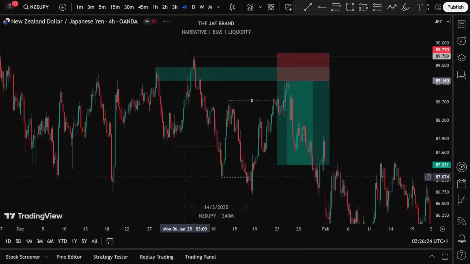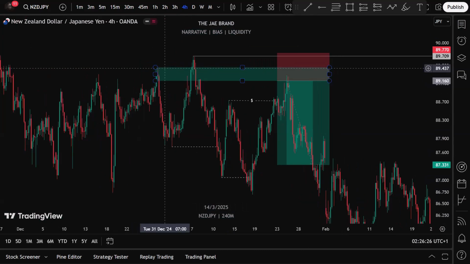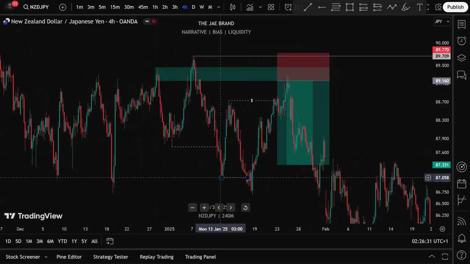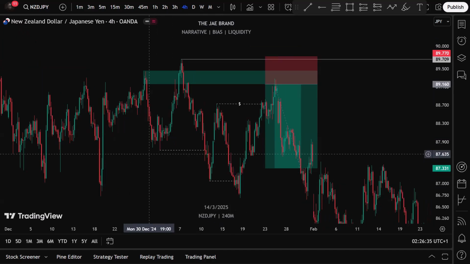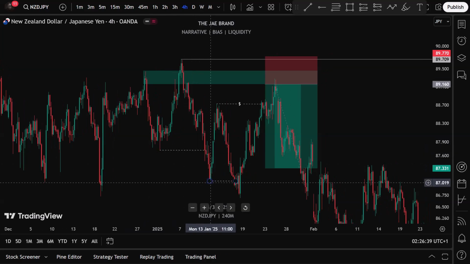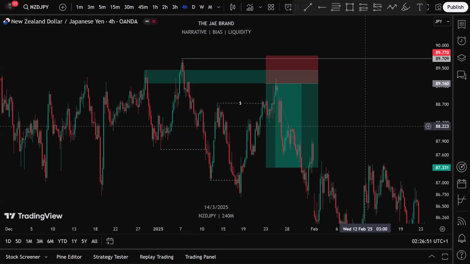You can see a sweep of this previous high and then a break of structure, a break of the recent low, and then price retraced back into the area.